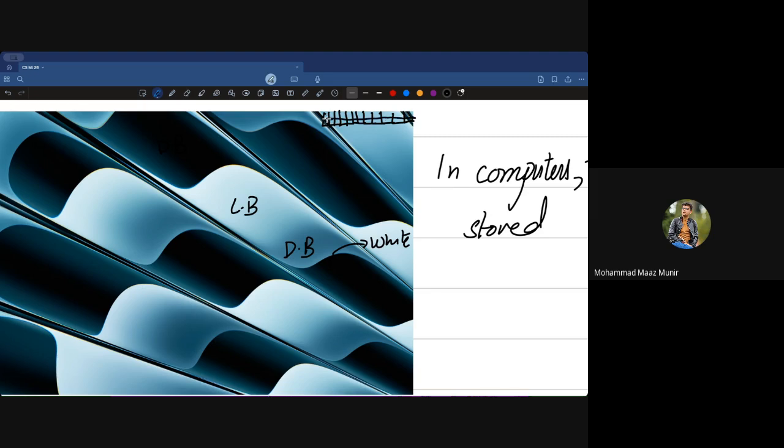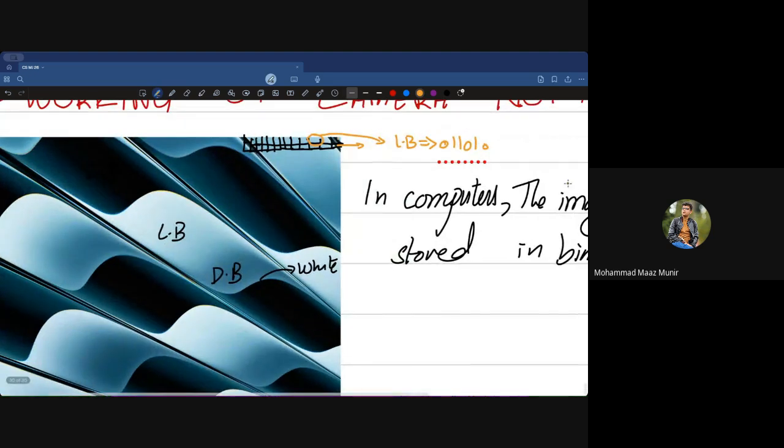If I divide the whole screen into the smallest parts and calculate the binary of a specific box, this is how your computer is going to be storing the value. It sees that this specific box up here has a light blue color, so I can say this box at top right has a binary 011010, and this could be the binary for, let's say, light blue.